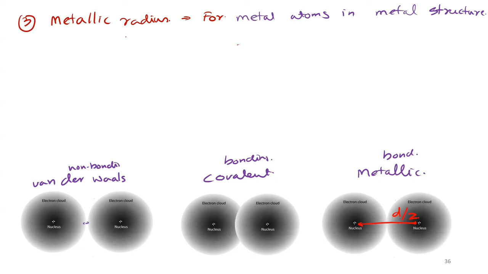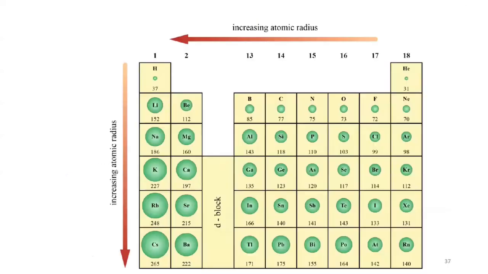Now, since we talked about these atomic radii, let's try to fit that into the periodic table and see the trend. So let's see the atomic size, or the radii, as a periodic trend. What kind of a trend do you see?